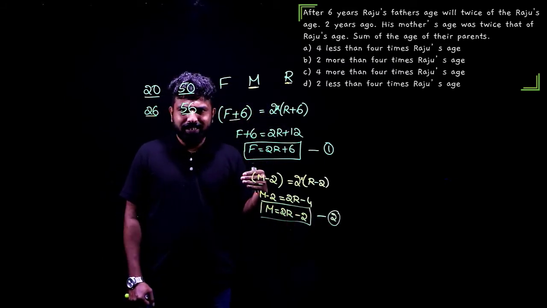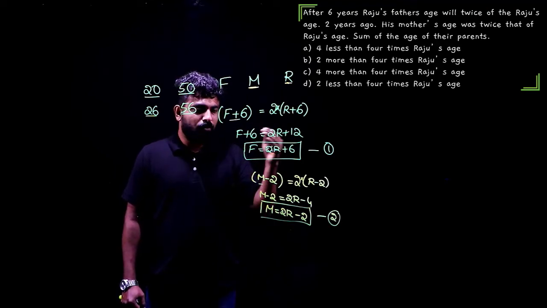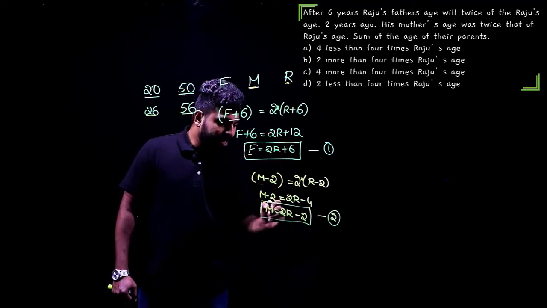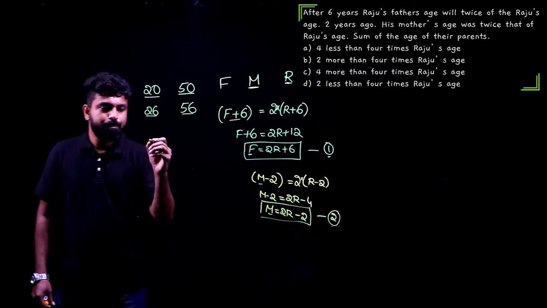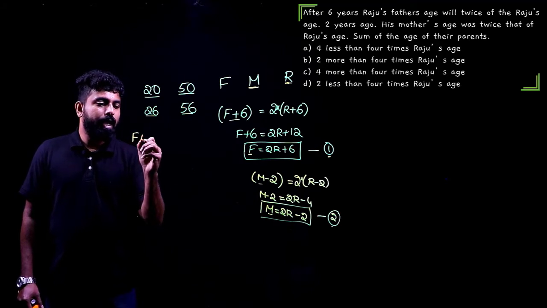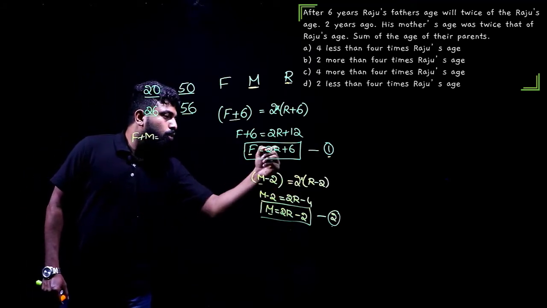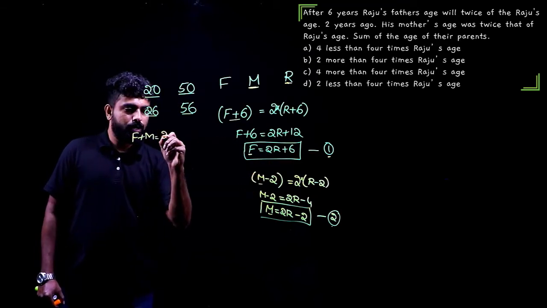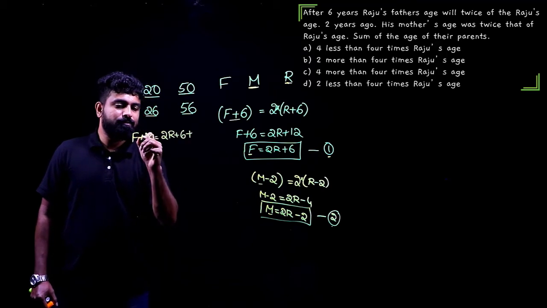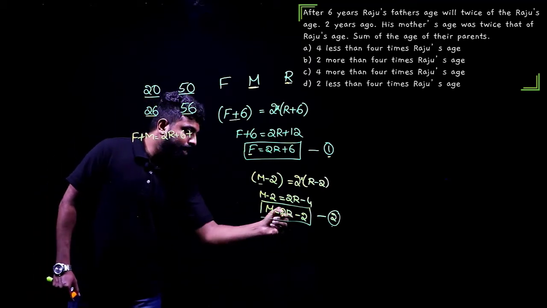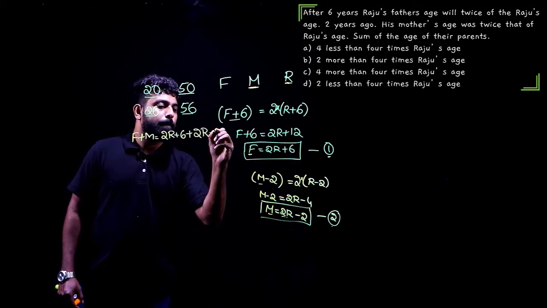So what are they asking us? They are asking us the sum of his parents' ages. The sum of his parents' ages will be F plus M, which is nothing but equation number 1 plus equation number 2. F plus M will be equal to 2R plus 6, plus, because it's father's age plus mother's age, 2R minus 2.